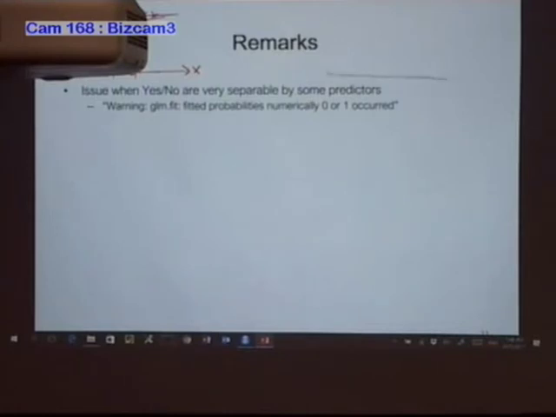But in some unfortunate or maybe fortunate situation, your data is actually separable. So there's no overlap at all. If there's no overlap, it's very hard to fit one S-curve to this data because there are many possibilities. I can fit an S-curve like this, like this, like this. My data cannot differentiate which one is better, which one is worse.